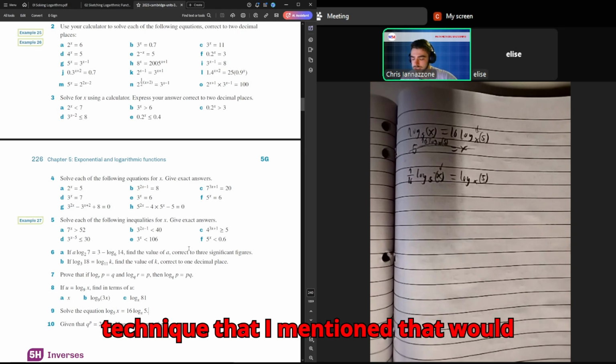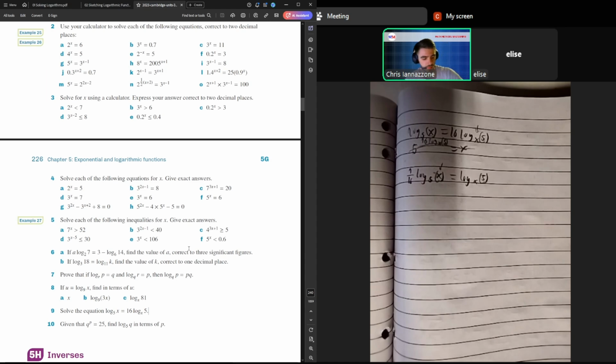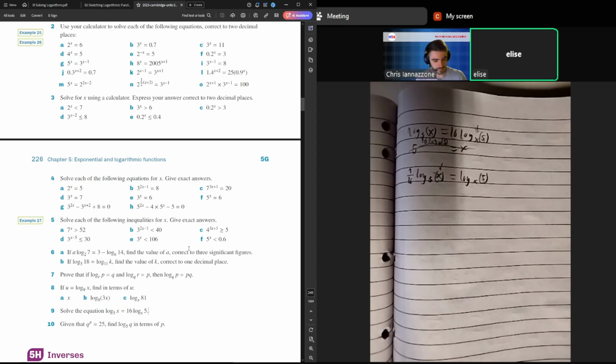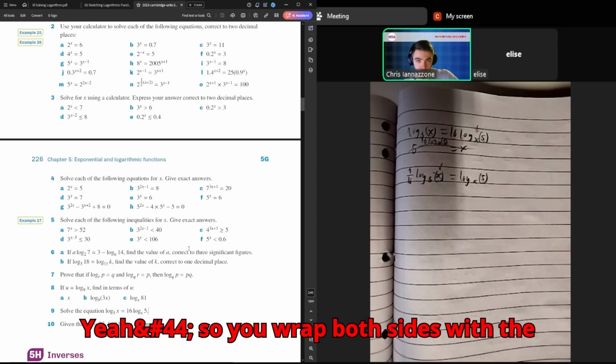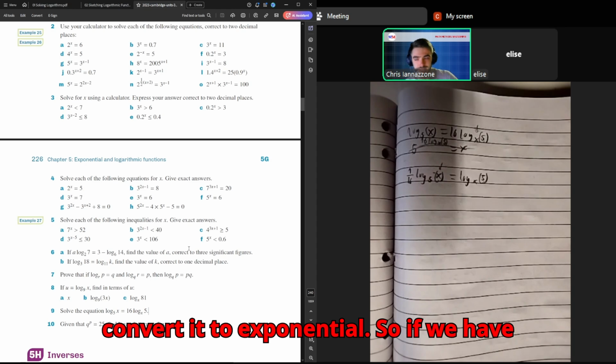There was a technique that I mentioned that would allow you to free something from the base of a logarithm. Multiply both sides by the base you need. Is it that one? Yeah, so you wrap both sides with the base, but only after you convert it to exponential.